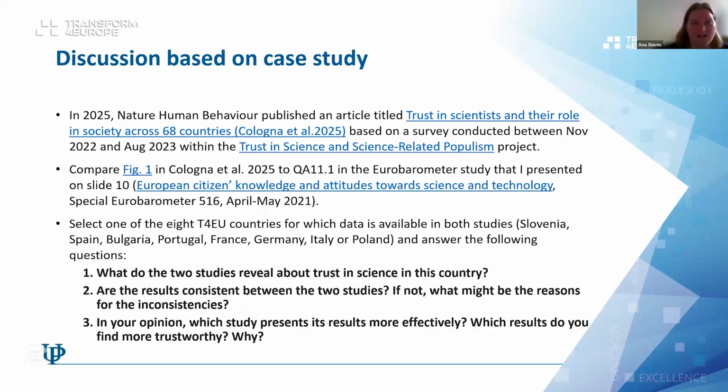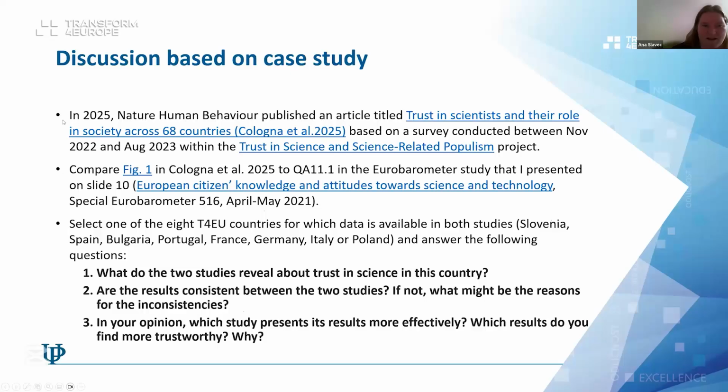So in the beginning of the presentation, we were talking about trust in science, and I showed the result from one study about trust in science. It was this Eurobarometer study. And here I'm introducing another, more recent study.